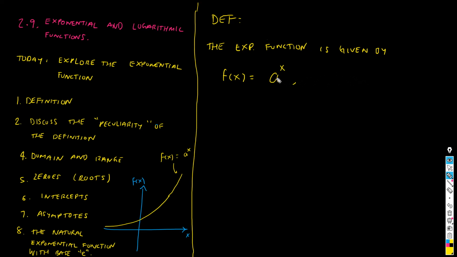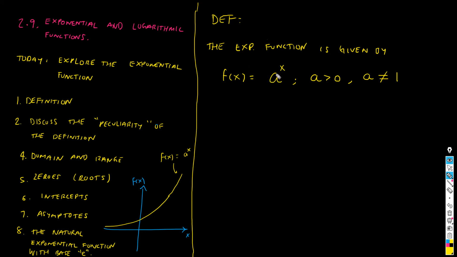With the constraint that a has to be greater than 0, and also a has to be different than 1, or a cannot be equal to 1. Okay, so that's the definition, guys. That's what we know as the exponential function.